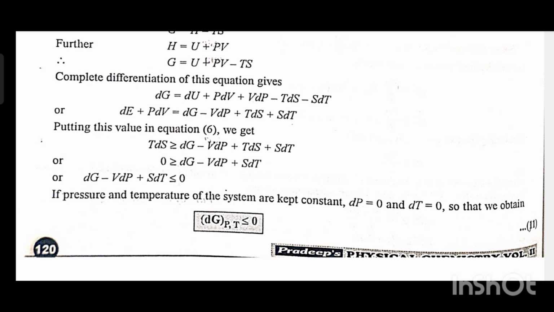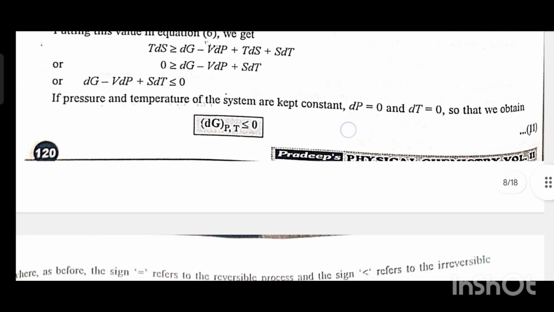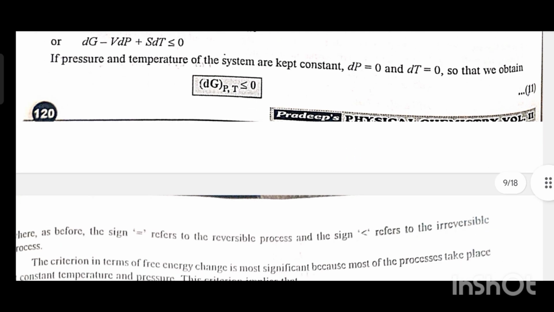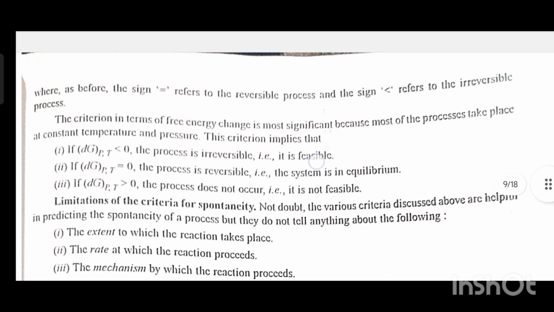Putting this value in equation 6, we get TdS ≥ dG - VdP + TdS + SdT, 0 ≥ dG - VdP + SdT, or dG - VdP + SdT ≤ 0. If pressure and temperature of the system are kept constant, dP = 0 and dT = 0, so that we obtain dG_P,T ≤ 0, that is equation 11.